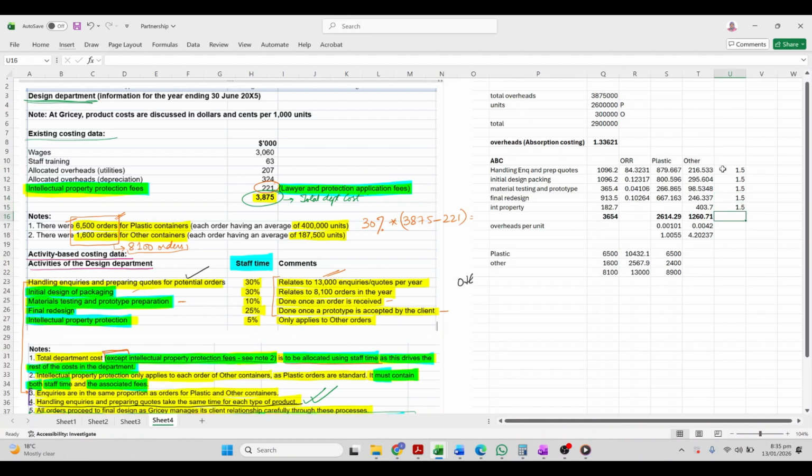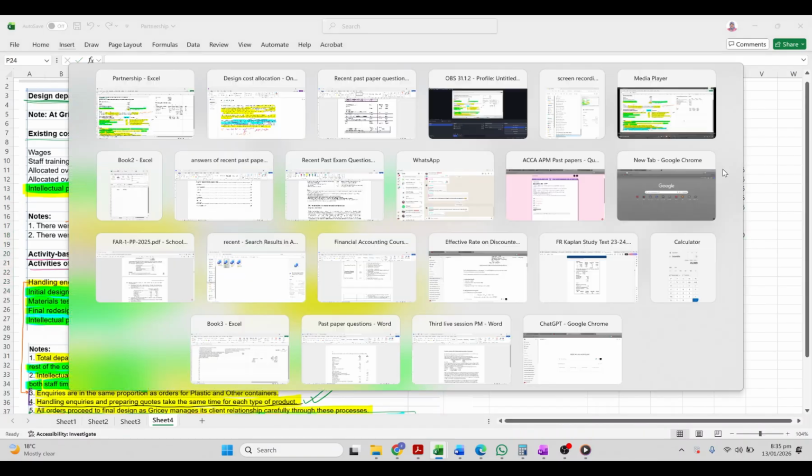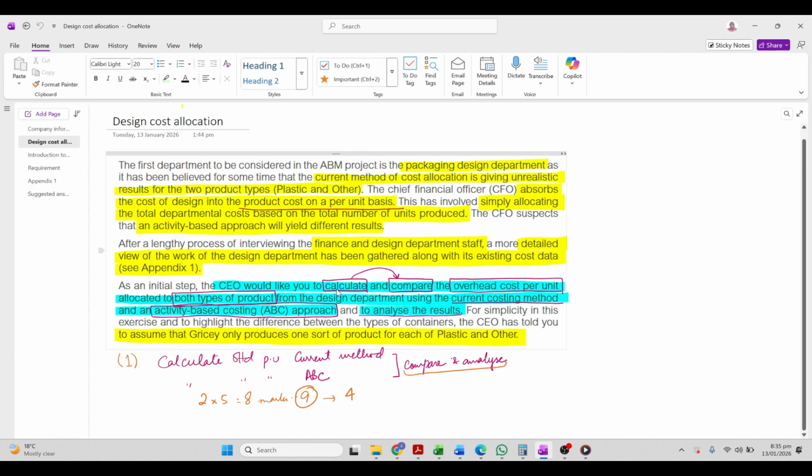So if you add up all these costs, you will get approximately 7.5 or 8.5. So approximately we can say roughly 9 marks are for this, right? So you have to write for 4 marks, and for 4 marks, what you have to do is calculate and compare overhead per unit and analyze the results.